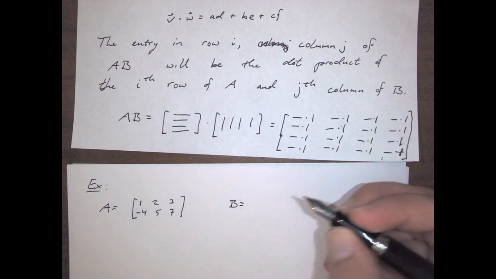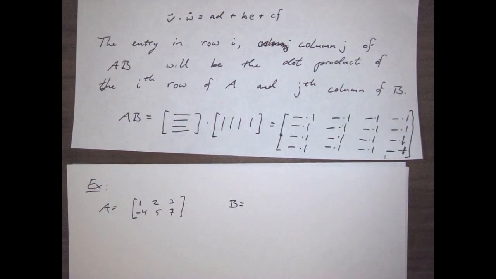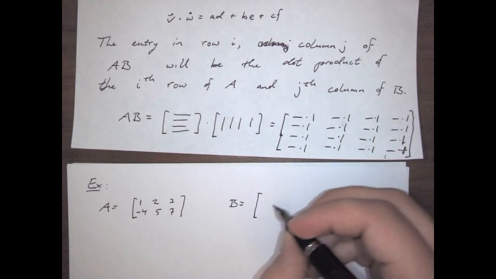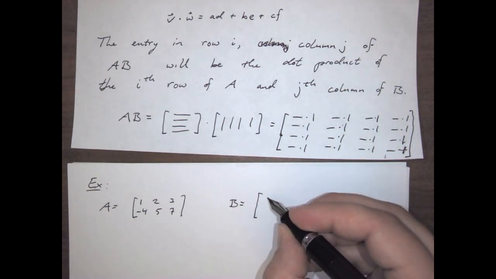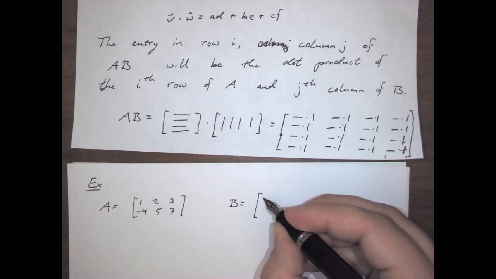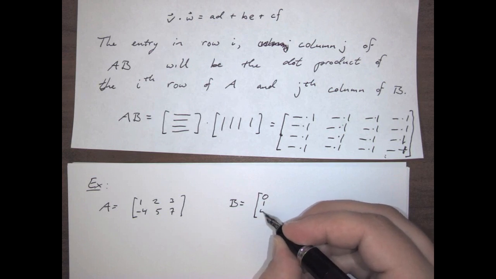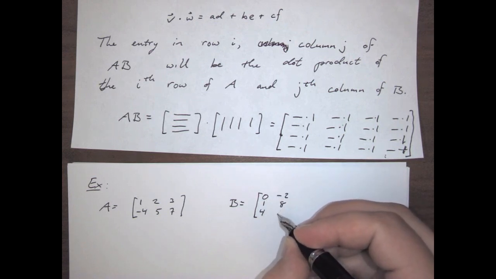Whatever I know about B, its number of rows must be 3, and its number of columns can be anything. Let's say that its number of columns is just 2. So then what we're going to have, counting down, is 0, 1, 4, -2, 8, and 1.